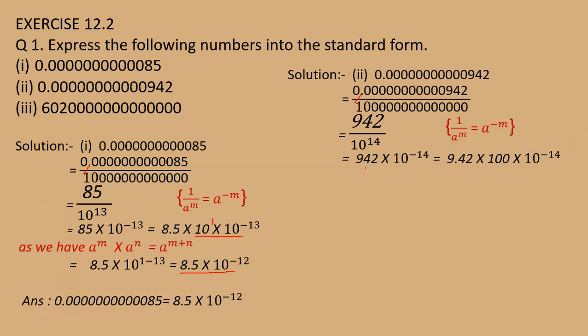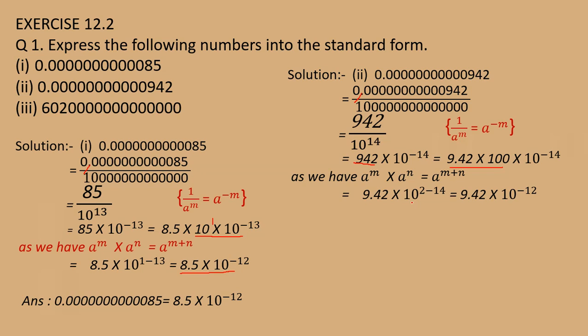Now 942 can be written as 9.42 into 100. When 9.42 is multiplied by 100, we get the same number, 942. Here 100 is 10 raised to the power 2, so 10 raised to the power 2 into 10 raised to the power minus 14. By the laws of exponent, both bases are 10, so the exponents add.